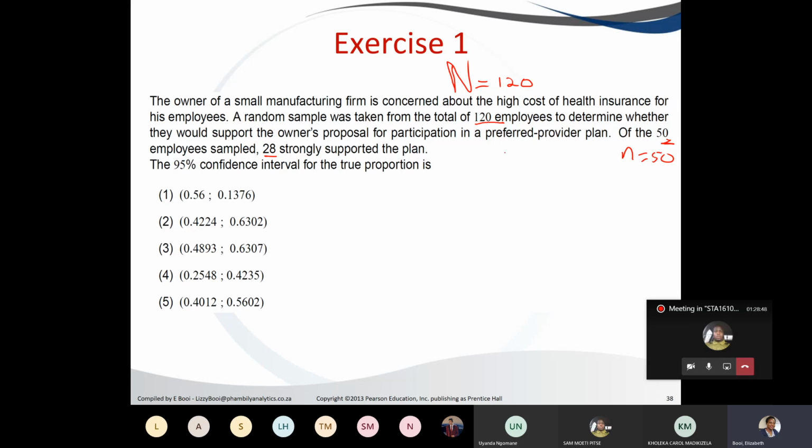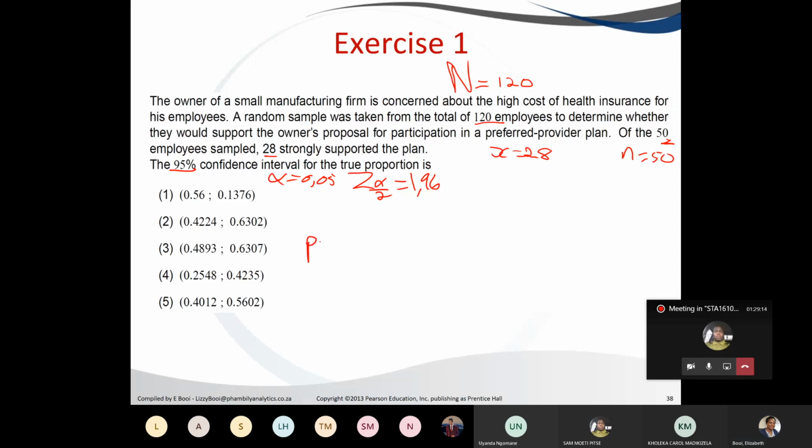So our x is 28. Calculate at 95% confidence interval, our alpha is 0.05. Therefore, our Z alpha divided by 2 will be 1.96.